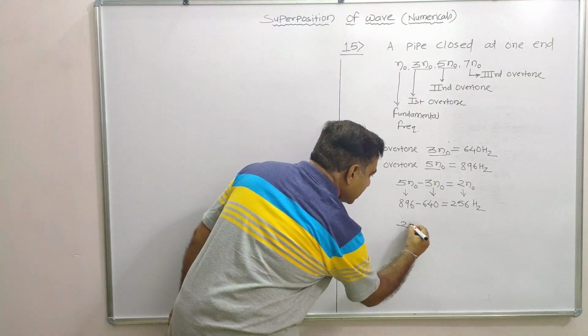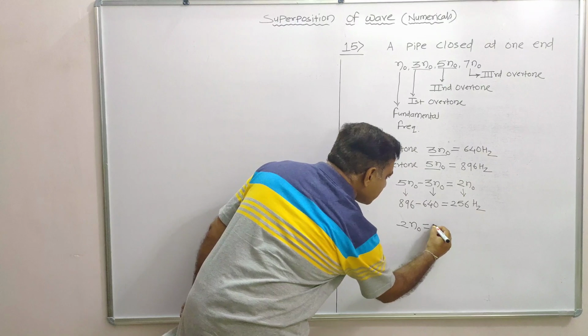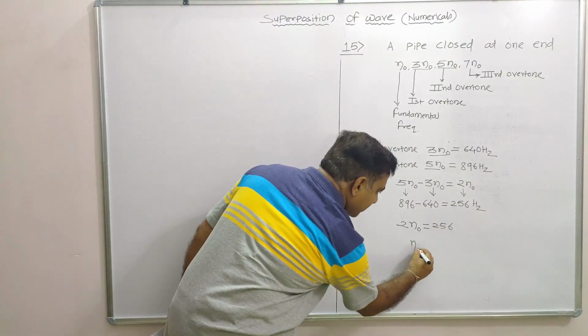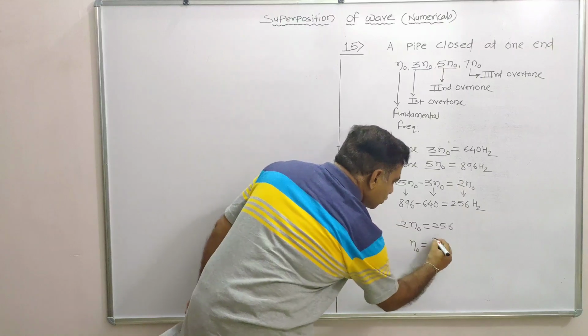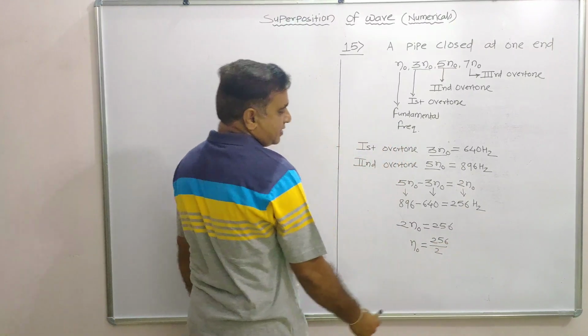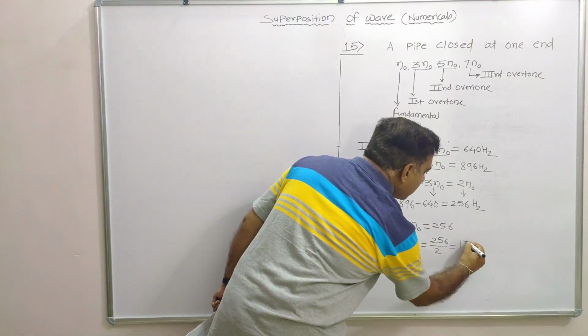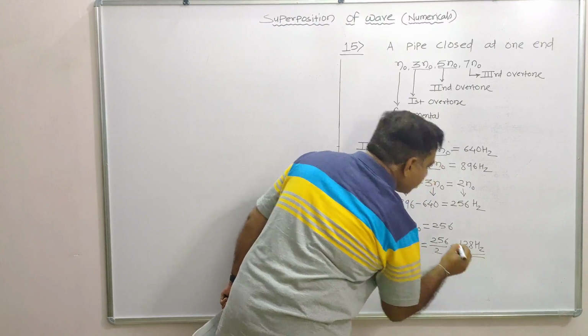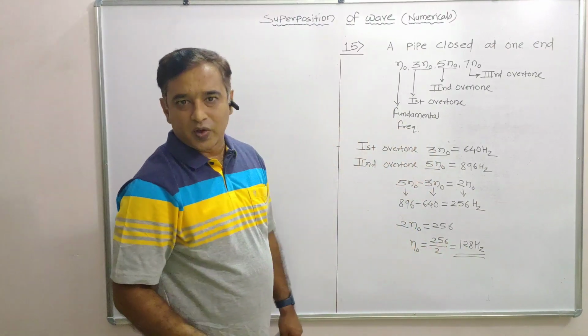So I am going to equate these two. 2N0 is equal to 256. Then the fundamental frequency N0 is equal to 256 upon 2, which comes out to be 128 Hz. This is your final answer.